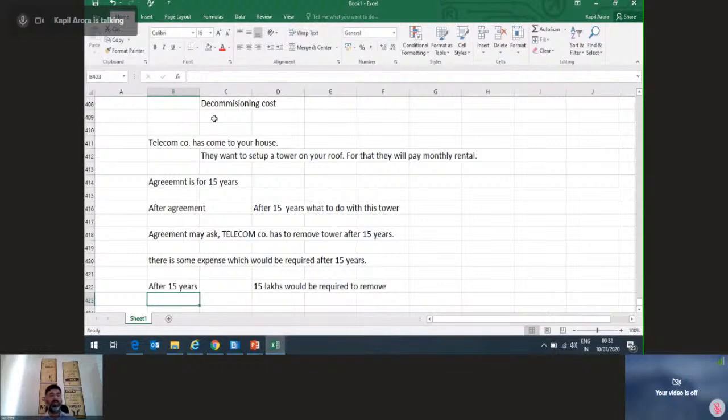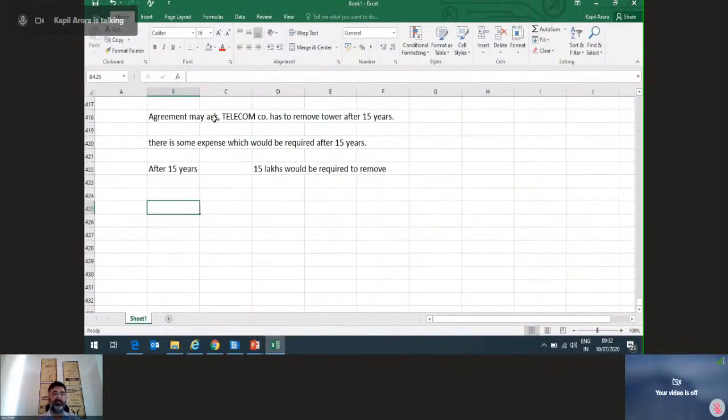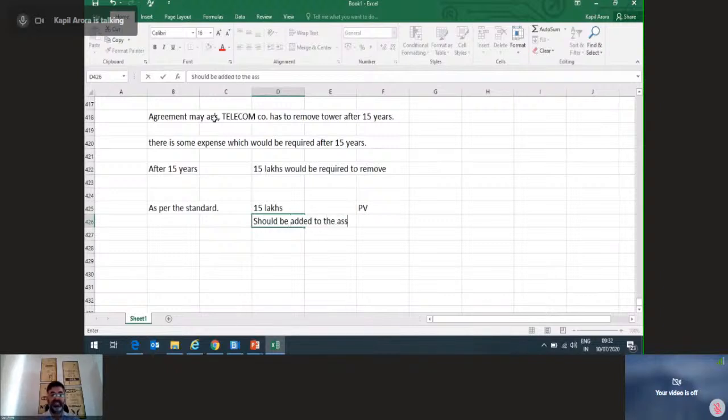How can we treat that? As per the standard, the present value of this 15 lakhs, we will discuss how to get the present value and everything, should be added to the asset value today. These 15 lakhs should be added to the asset value today.